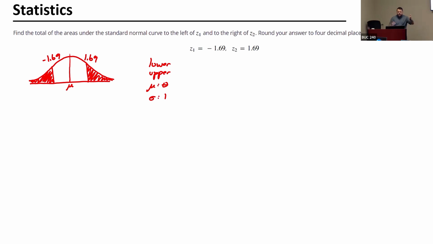Pick whichever one you want. If you do the negative z-score, could you agree that your lower bound would be a large negative number, negative infinity? If you use the other one, your lower would be 1.69, and your upper would be positive infinity. So you get to make the decision on that. That's why I'm not going to write it down here.